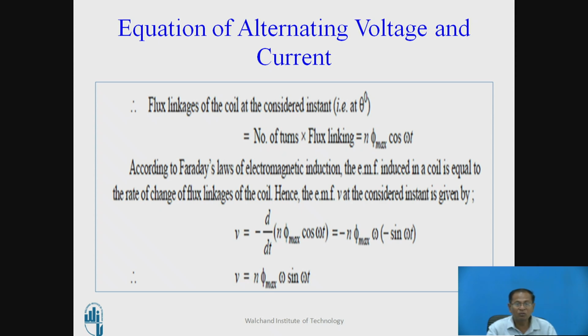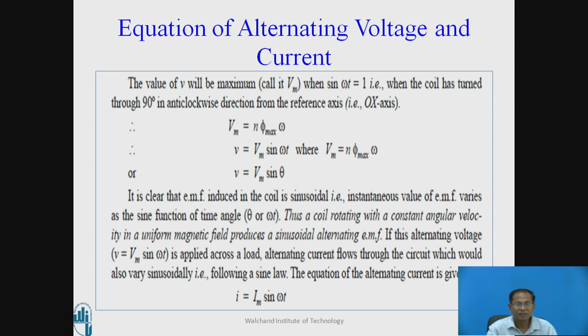Therefore, V is equal to N phi max omega sin omega t. The value of voltage will be maximum only when sin omega t is equal to 1. Therefore, Vm is equal to N phi max omega. Therefore, V is equal to Vm sin omega t, or V is equal to Vm sin theta.